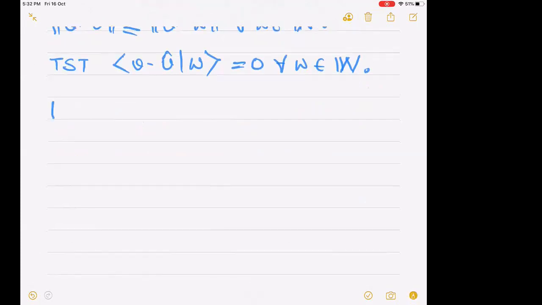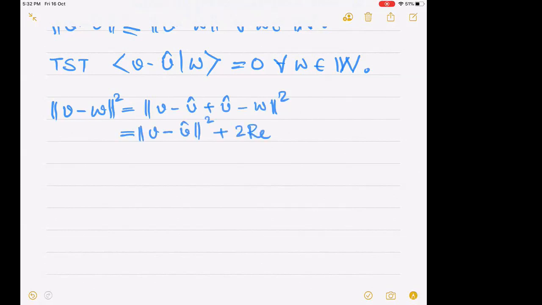We say that ‖V − W‖² is the same as ‖V − V̂ + V̂ − W‖², which is the same as ‖V − V̂‖² plus, I'm going to write it directly, 2 times the real part of ⟨V − V̂, V̂ − W⟩ plus ‖V̂ − W‖². Yeah.